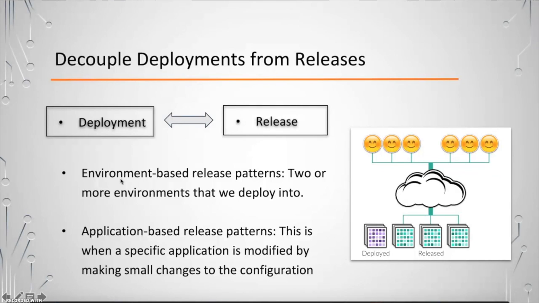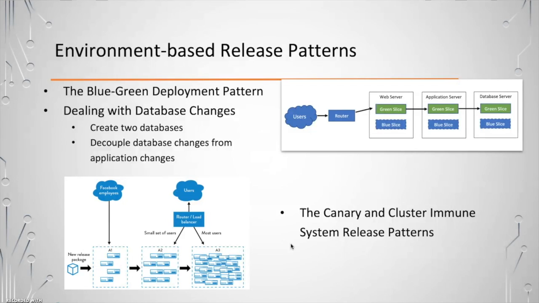We will see some examples later, such as the blue and green deployment or the canary release. The other one is the application-based release pattern. This is where, by small changes, we can modify the application and a specific release can be made.